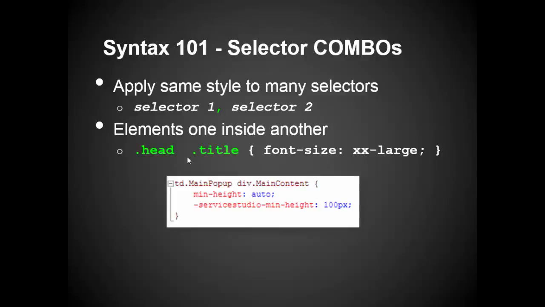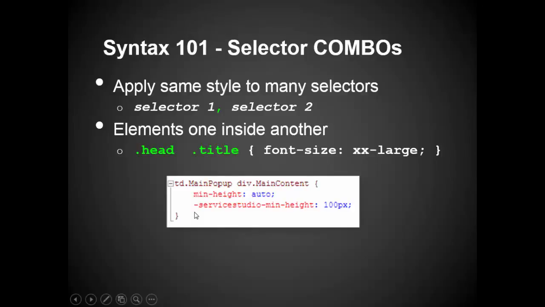An example on the platform would be this div main content that is inside a TD that has the class main popup. Notice here this tag, minus service studio minus. This rule or this prefix allows us to create specific styles just for Service Studio.